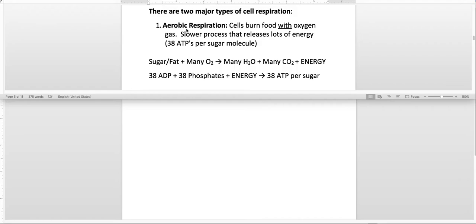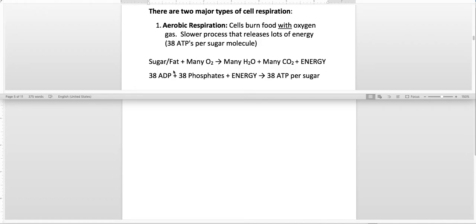So when your cells are doing aerobic respiration, like when you're doing aerobic exercise, you are burning sugar and fat. That is, you're breaking it down with oxygen gas. And this is a very efficient way to break down food. Oxygen gas allows you to break down food very efficiently to release the maximum amount of energy from food.